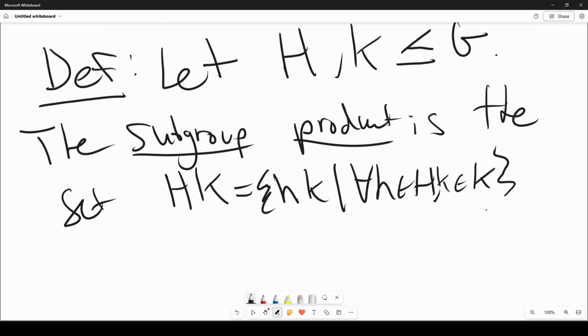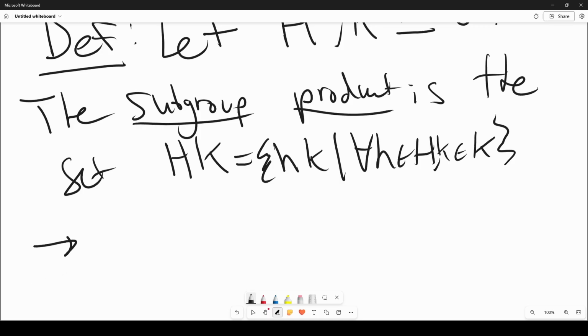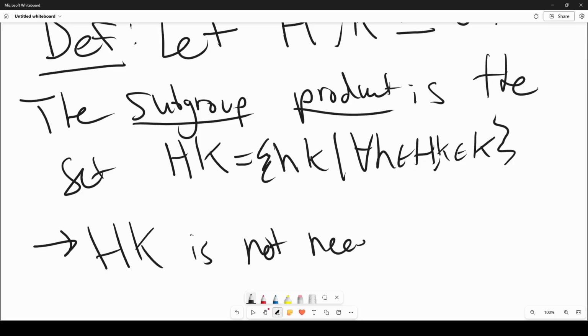So it's the set that looks like just taking any h here, any k here, and multiplying them together. Now, hopefully you should notice, HK is not necessarily a subgroup of G.